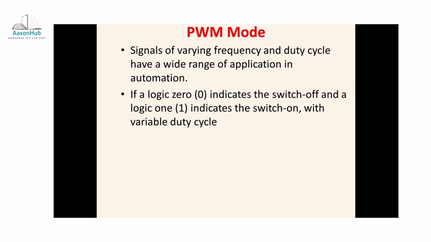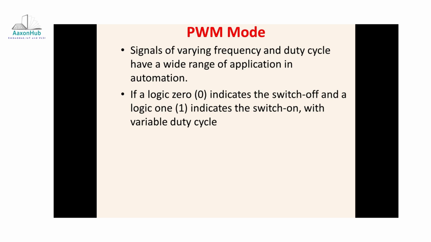Whenever I am saying variable duty cycle, it can produce up to 10-bit resolution output for your PWM, and it is more specifically multiplexed with the CCP2 pins, and that can help you provide this particular pulse width modulation wave with respect to the CCP mode.